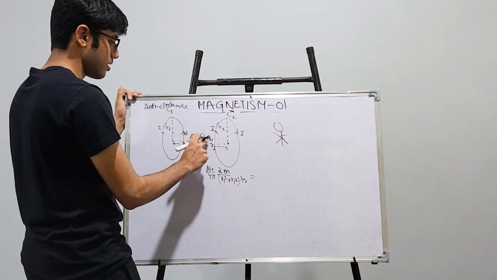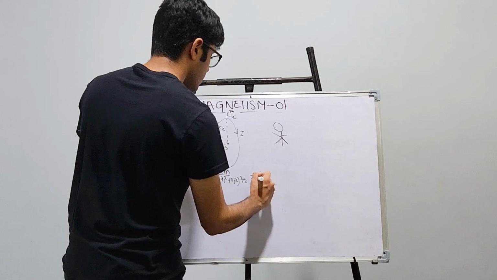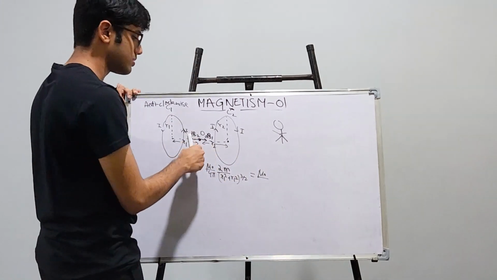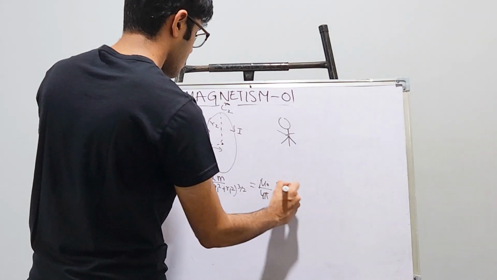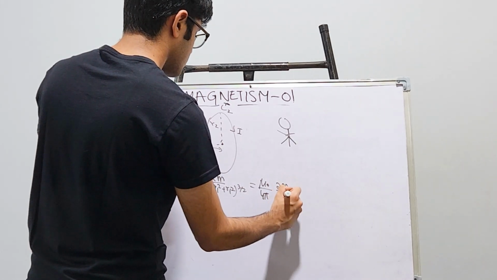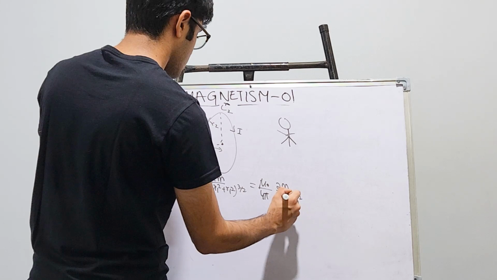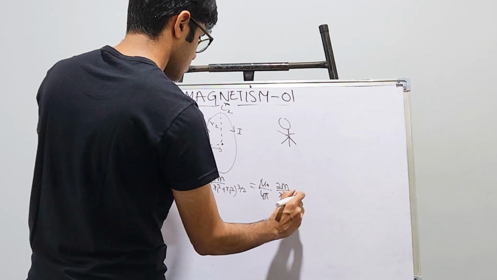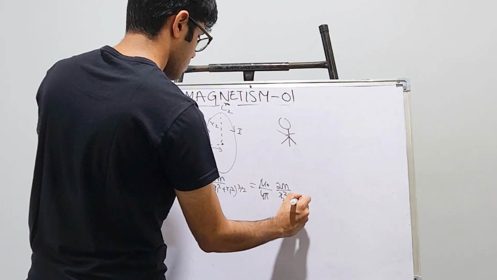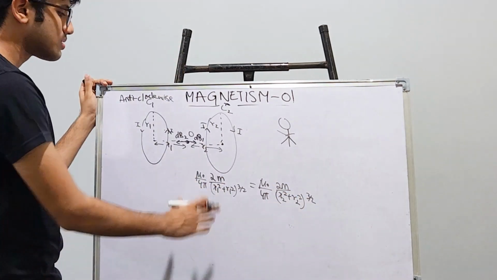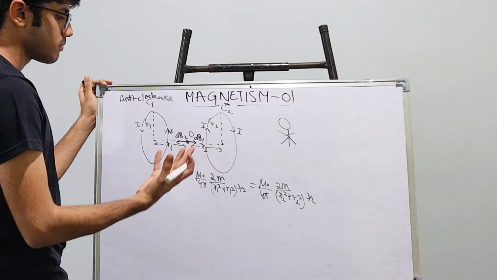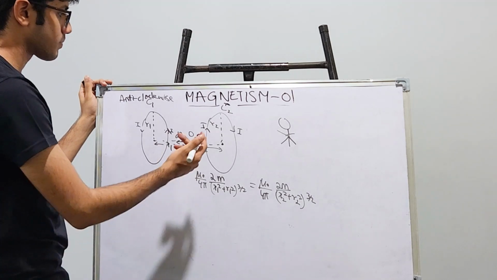This dB1 is equal to dB2, because the net magnetic field should be 0. So mu naught by 4 pi, 2 times m by (x2 square plus r2 square) whole to the power 3 by 2. This is just a general formula. We can do many more things with this formula.